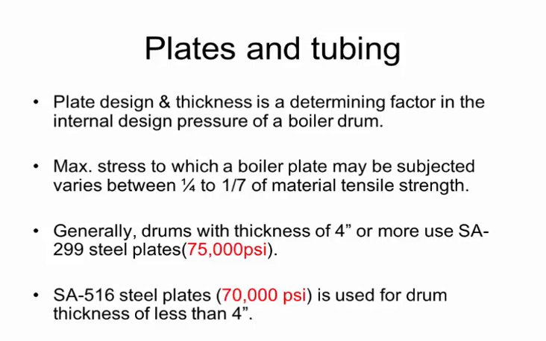Generally, drums with thickness of 4 inches or more use SA299 steel plates, and their unit strength is about 75,000 PSI. SA516 steel plates have 70,000 PSI and are used for drum thickness of less than 4 inches. Okay, 4 inches, that's quite thick, guys.